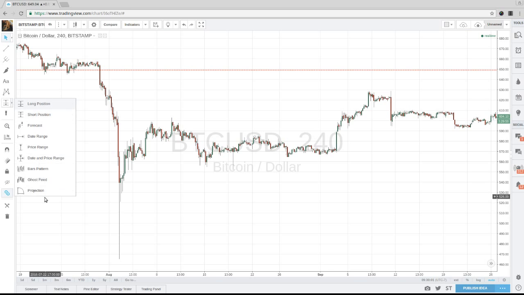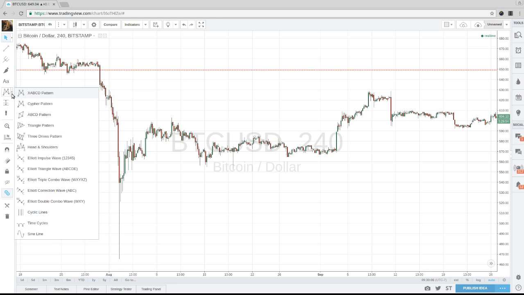Here you can see there's a number of other things. Here, basically, you have your Elliott waves and a few other things. So your head and shoulders patterns, ABCD pattern. And, you know, I encourage you to look up Elliott waves and see if it's what you like. Essentially, it's saying that candles or the price action moves to a certain methodology, and you can predict this with Elliott waves.